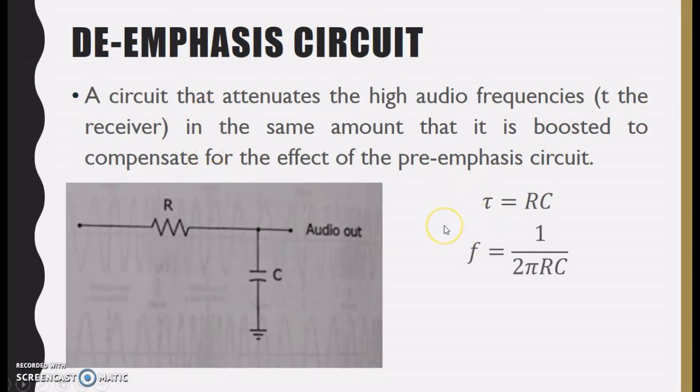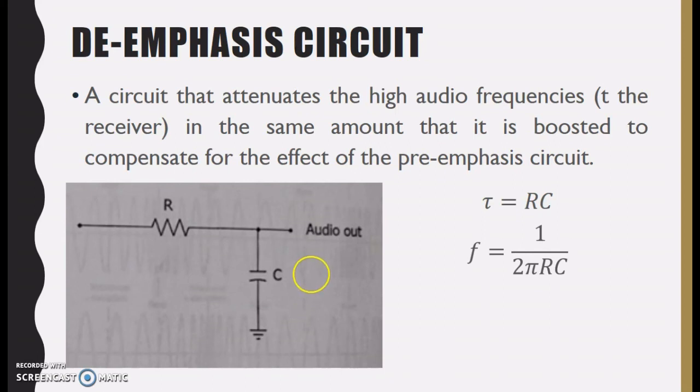So, as a continuation, to return the frequency response to its normal level, the de-emphasis circuit, this figure, is used at the receiver. This is a simple low-pass filter with a time constant of 75 microseconds.